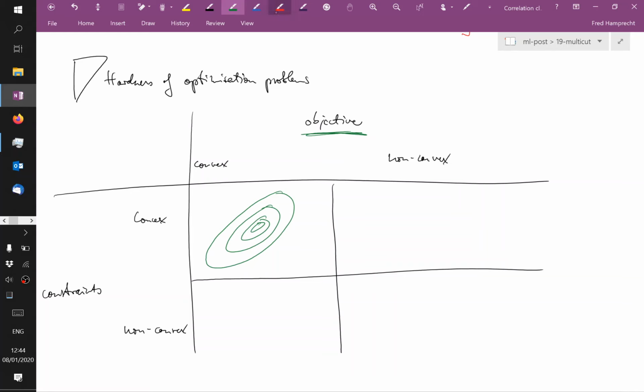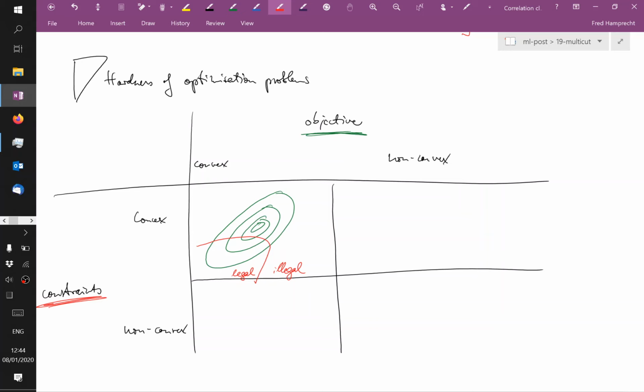And as a constraint, I'm going to draw these in red. Maybe my constraint set says that only this part here is legal and the rest is illegal, or feasible and unfeasible.